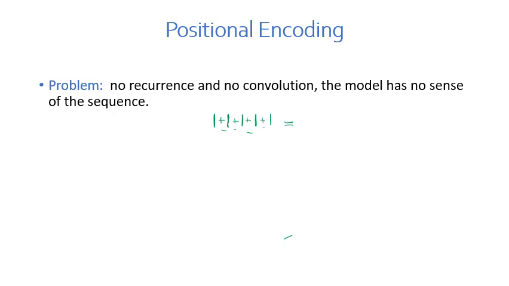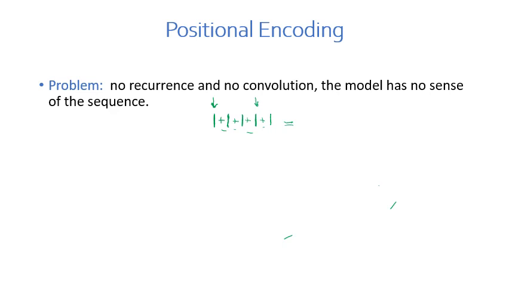I want my model to have a sense of order. If the word "I" comes at the beginning of the sentence, it's different from the "I" which comes in the middle of the sentence. So this should be different.